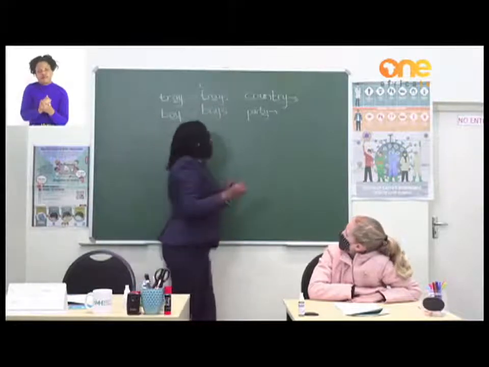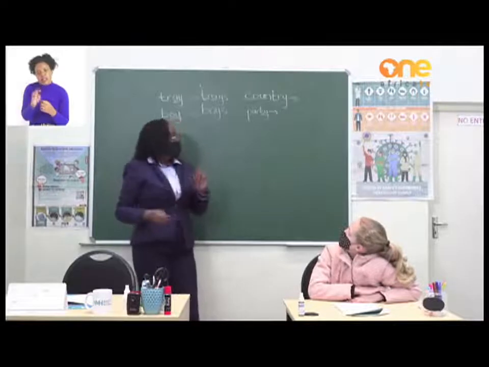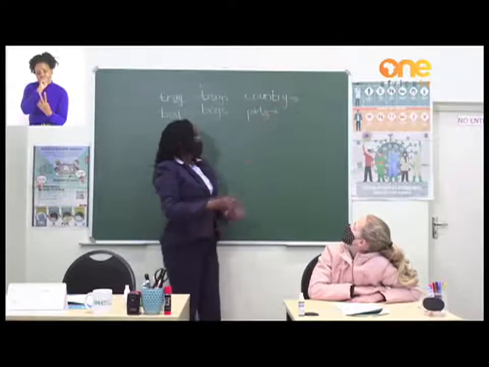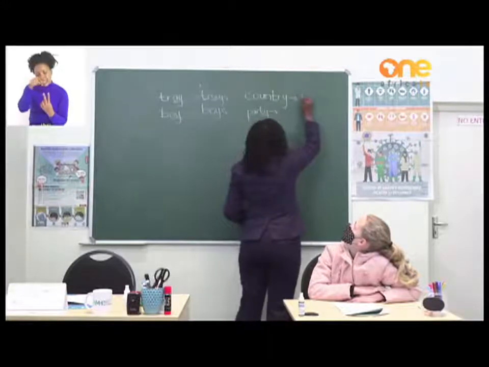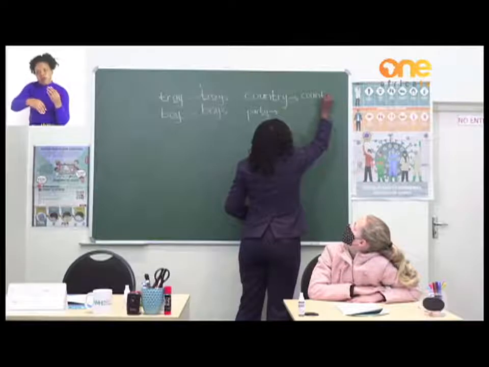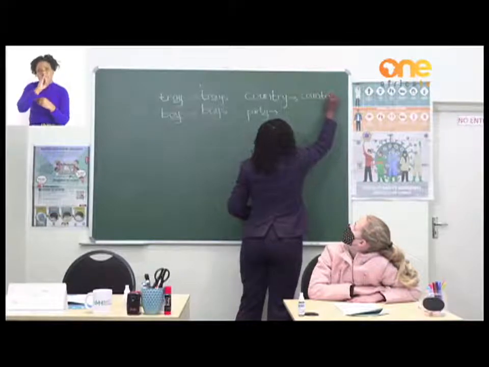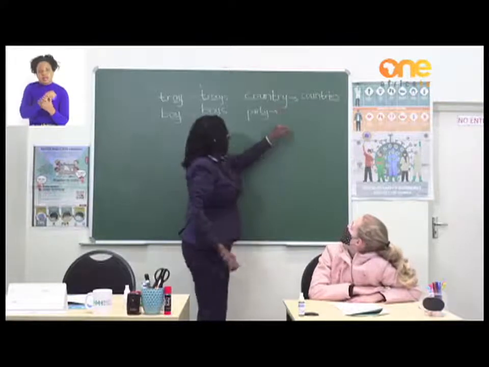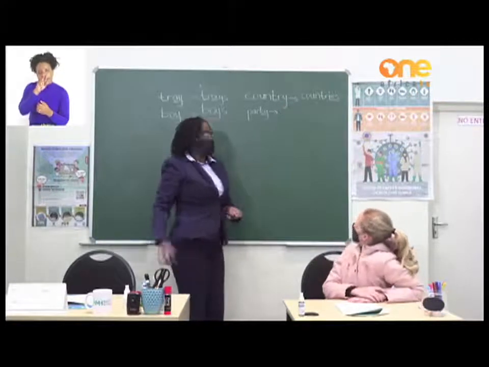But in the case where you have your noun ending in a consonant followed by Y, what you do is you drop the Y and you add IES, and you have countries.